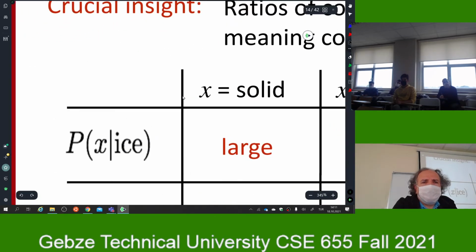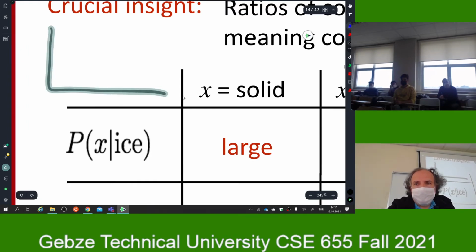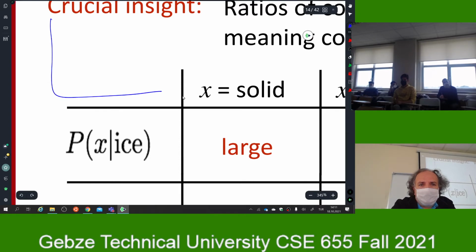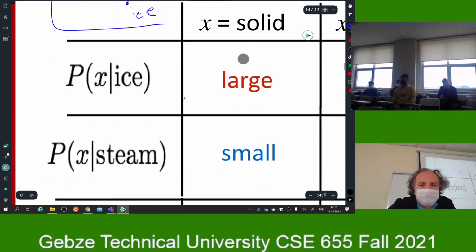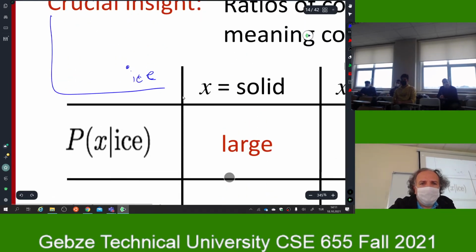Let's say this is my two-dimensional space. This is ice, and this is steam.